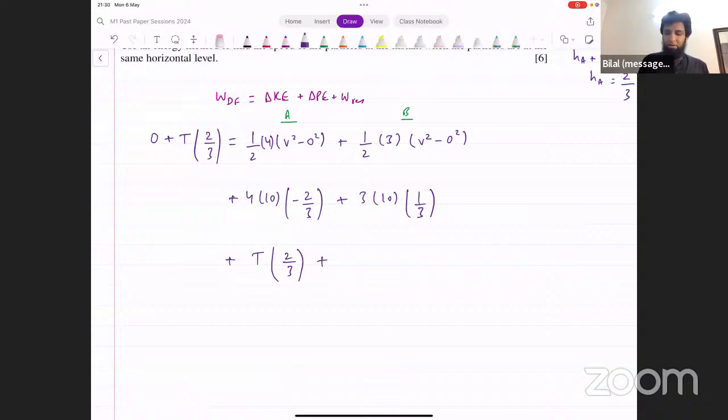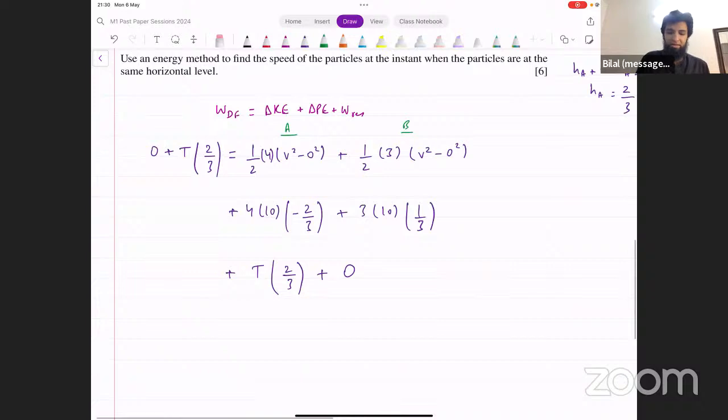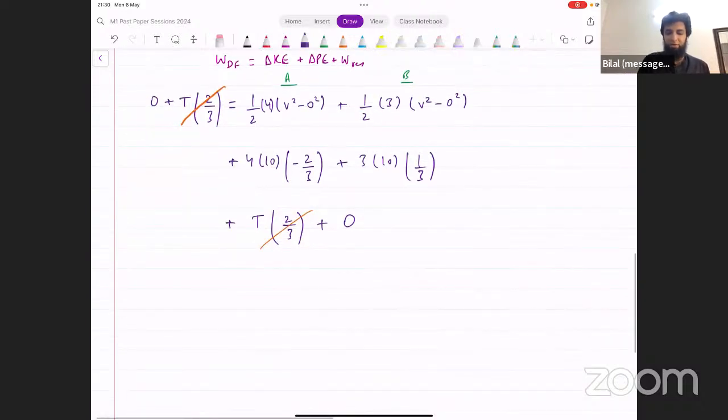Now, in such problems, tension generally gets cancelled out. So in this case, it gets cancelled out as well. This term and this term, they get cancelled out, and you can solve the rest of it to find the value of V and see what that turns out to be. 0 equals 2V squared plus 1.5 V squared minus, evaluate this, 40 minus 40 into 2 divided by 3 plus 30/3.